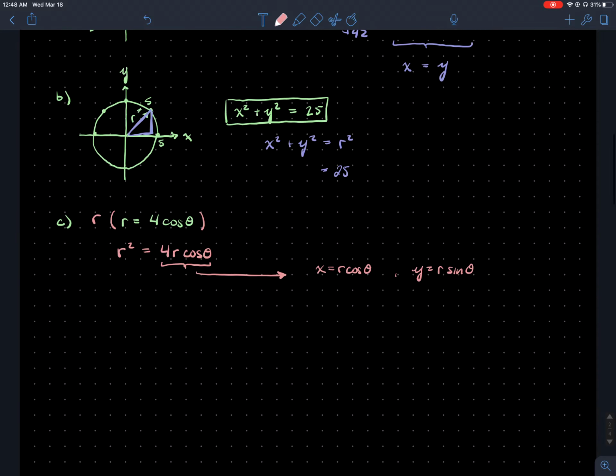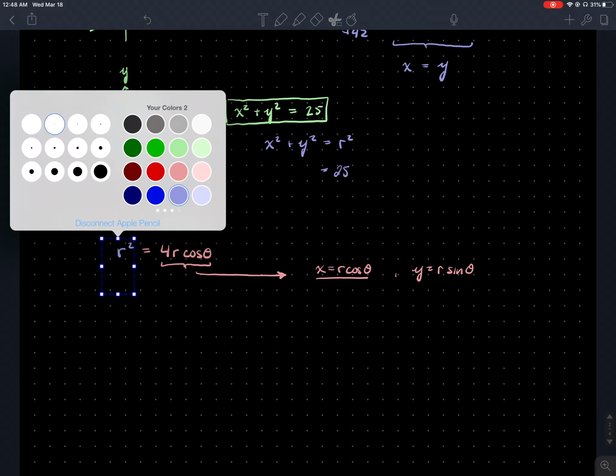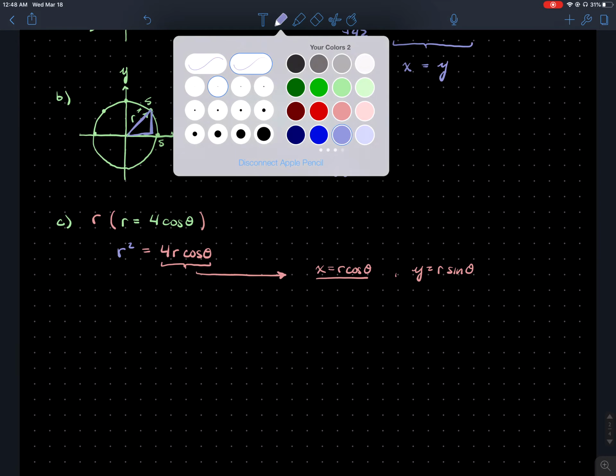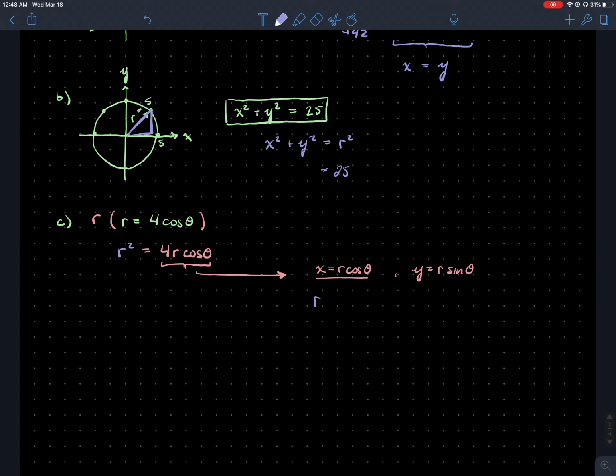So now with this knowledge, with knowing x is equal to r cosine of theta, and with this r squared, let's actually change colors on this guy. And by knowing that r squared is equal to x squared plus y squared, we can make some substitutions.